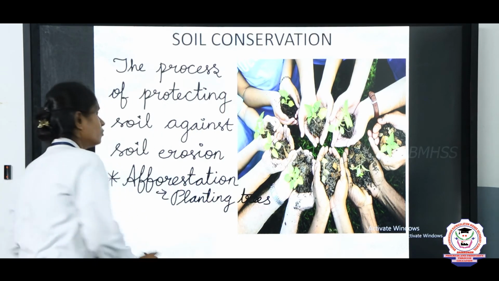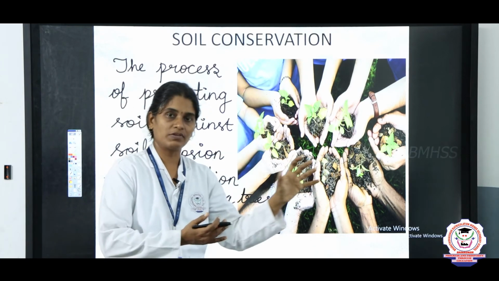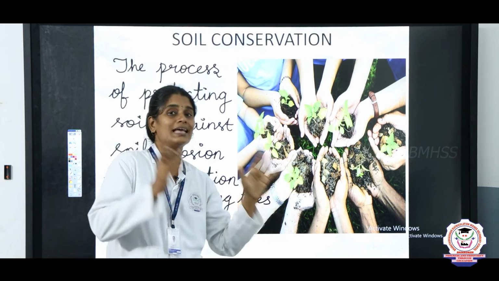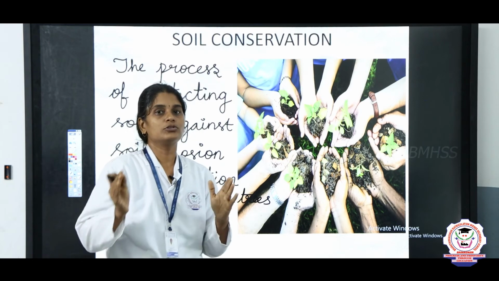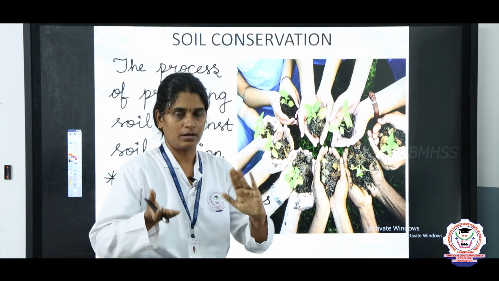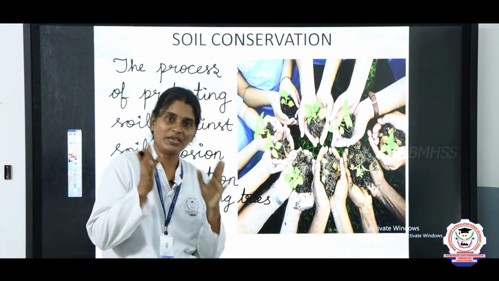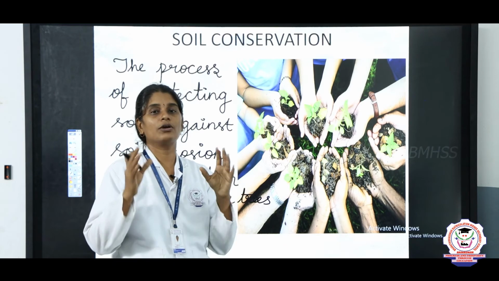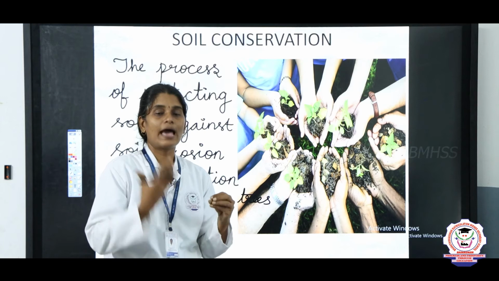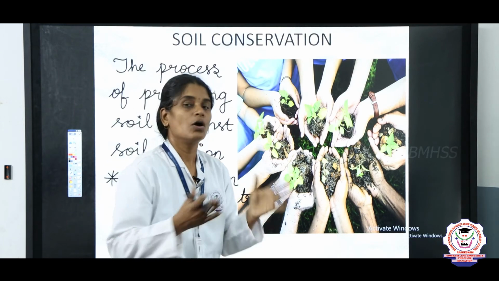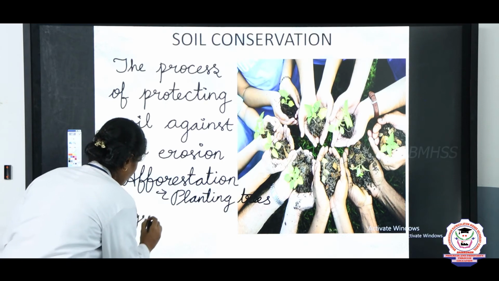And the next one, mostly in agricultural places, after the farmer harvests the crops, there is a time gap before they do another set of agriculture. During that time the soil has to be conserved. So what they can do is grow plants like fodder or grass, thereby they can prevent soil erosion. So the next one, growing grass.